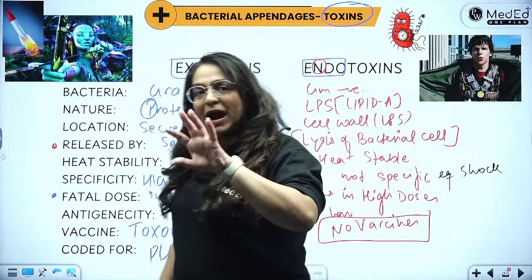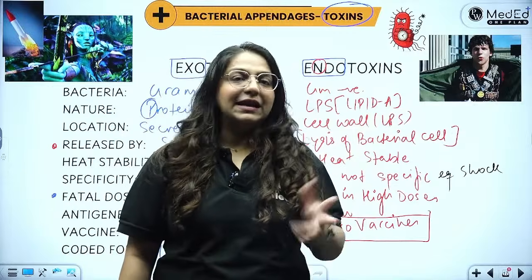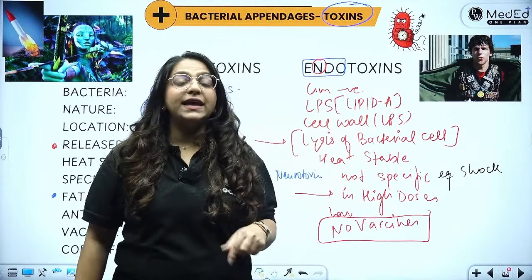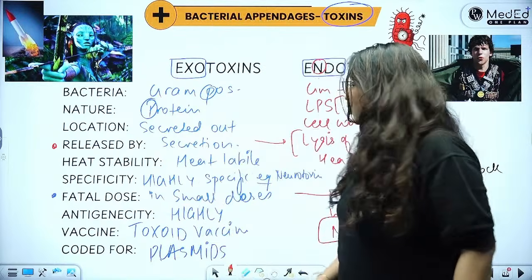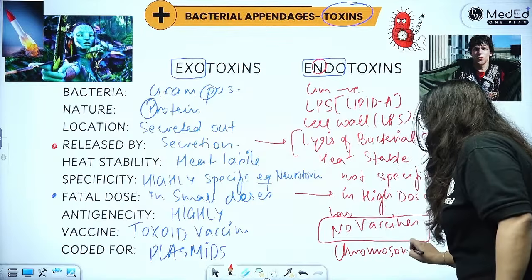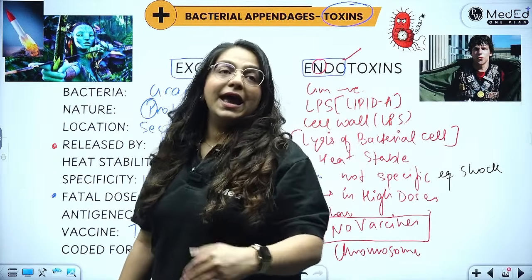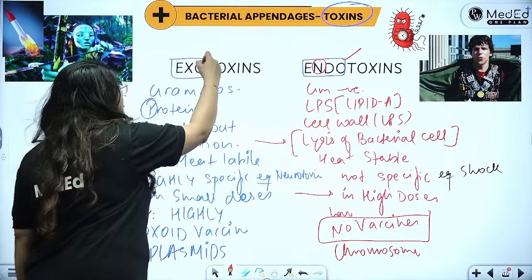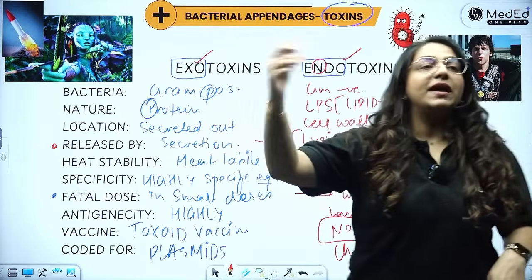Now, they are a part of the cell wall. One bacteria cannot give its cell wall to the other bacteria. That's not possible. But who can they give it to? A mother can pass on that trait to a child. So they are chromosome coded and they can only be transmitted from mother to child. So for endotoxins only vertical transmission is possible, and exotoxins can be exchanged between two bacteria sitting next to each other because they can transfer plasmid to each other.